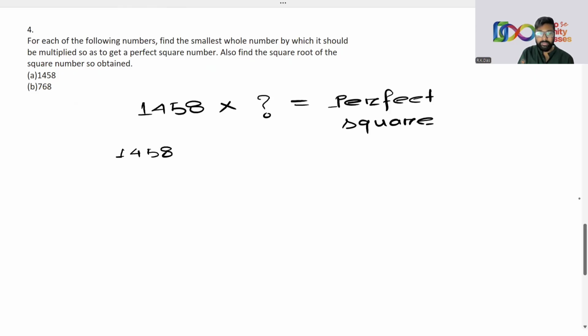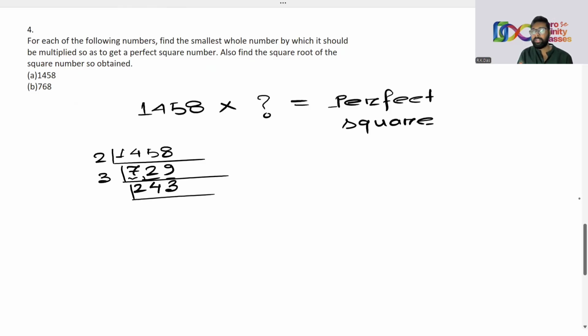Okay, so 1458, it is factorized. 2 7 ja 14, 2 2 ja 4, 1 8, 18, 2 9 ja 18. Again 729, so 3 2 ja 6, 1 in hand 12, 3 4 ja 12, 3 3 3 ja 9. Then again 2 plus 4 6, 6 plus 3 9.